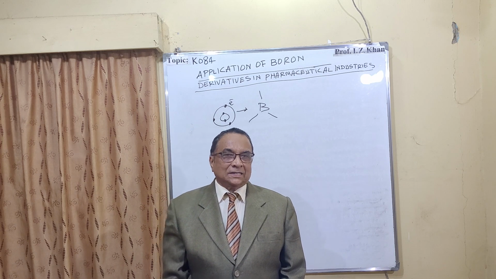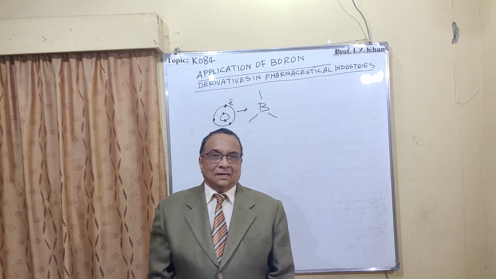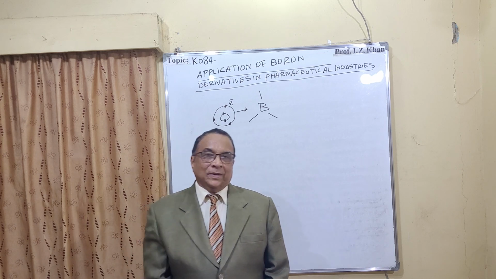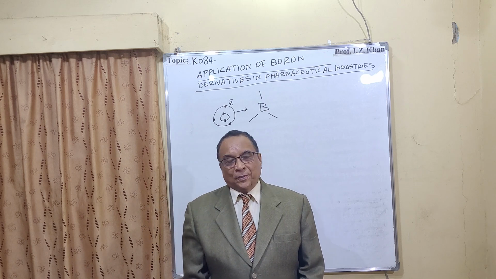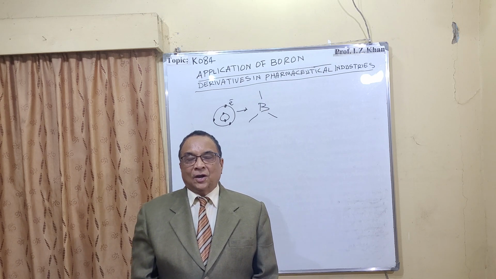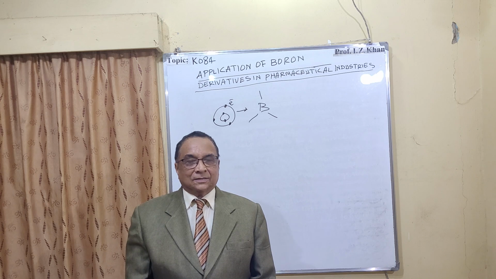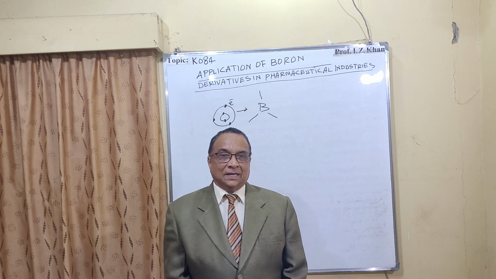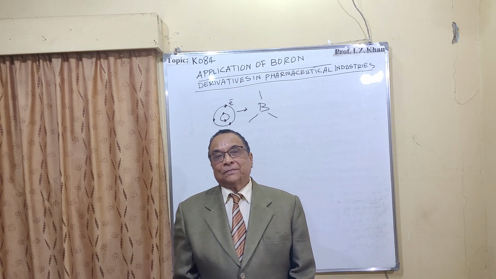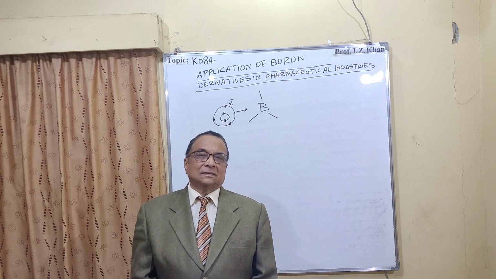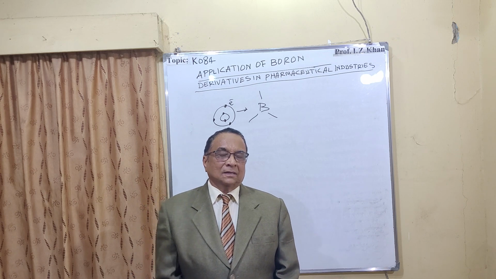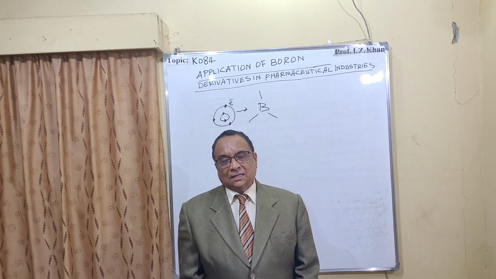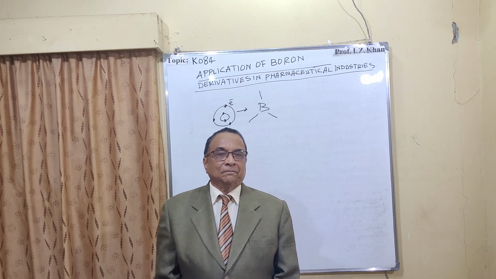Boron is a metalloid, which means its chemical properties are in between those of non-metals and metals. It has intermediate properties, that's why it is called a metalloid. It has a little lustre, and its powder is brown and amorphous.